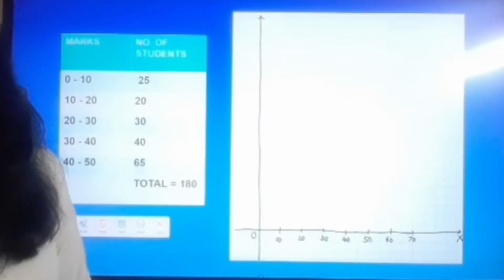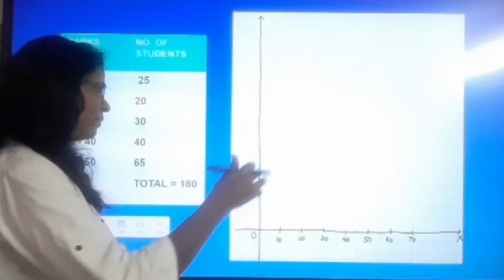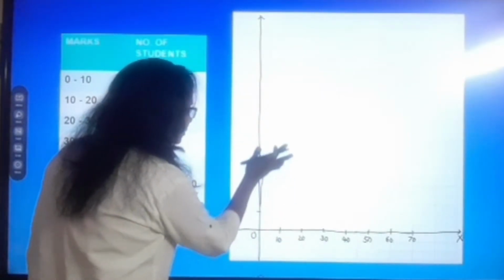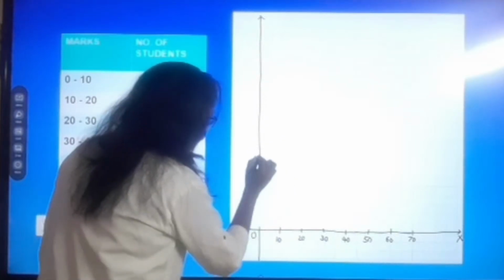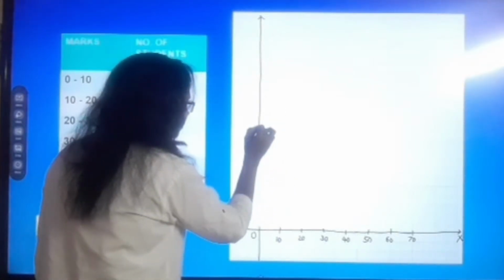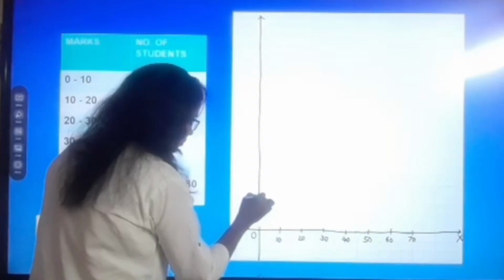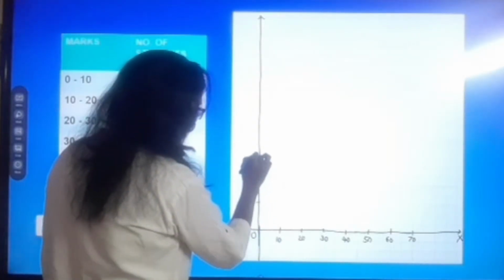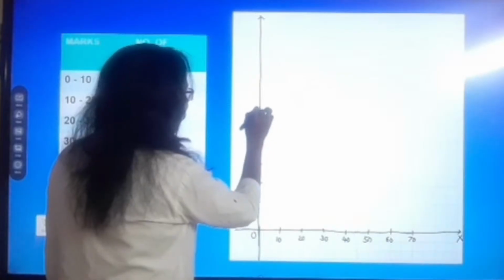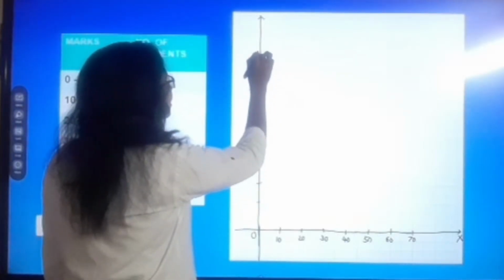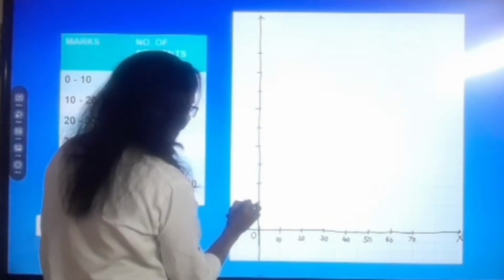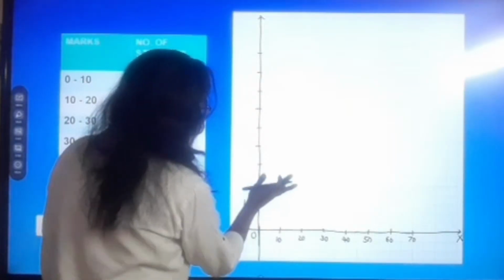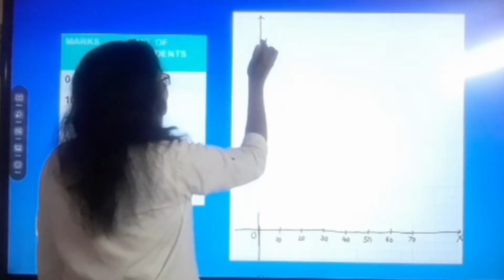So same as that, 10, 20, 30. This way. First I mark the same distances. Then no, here not the same distances.